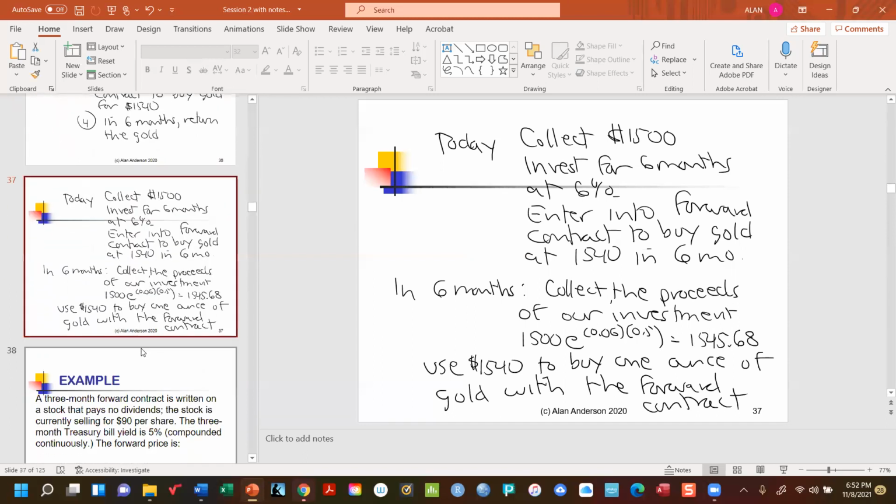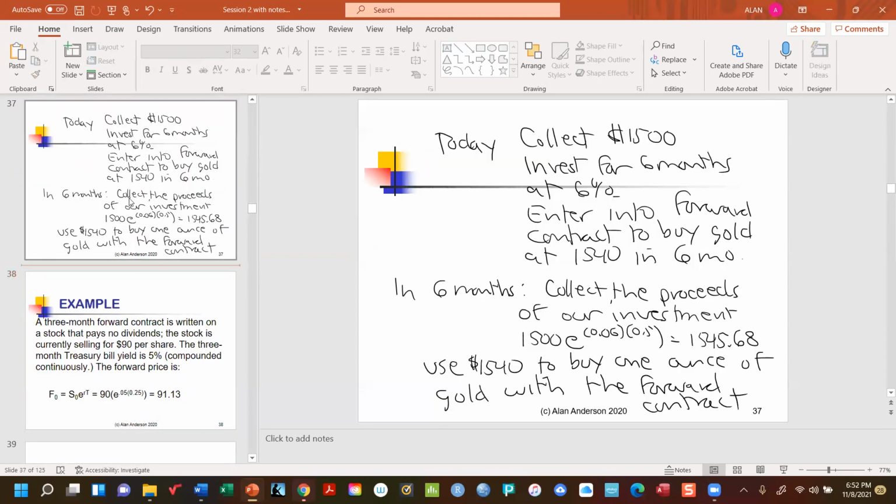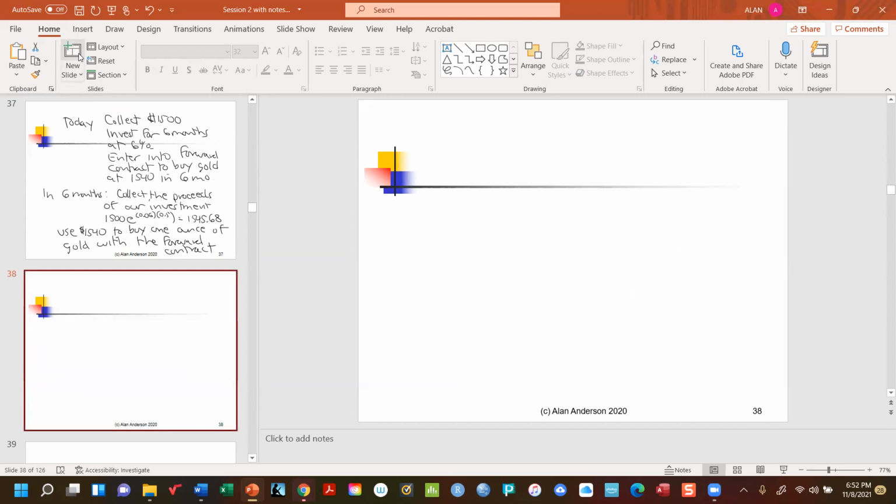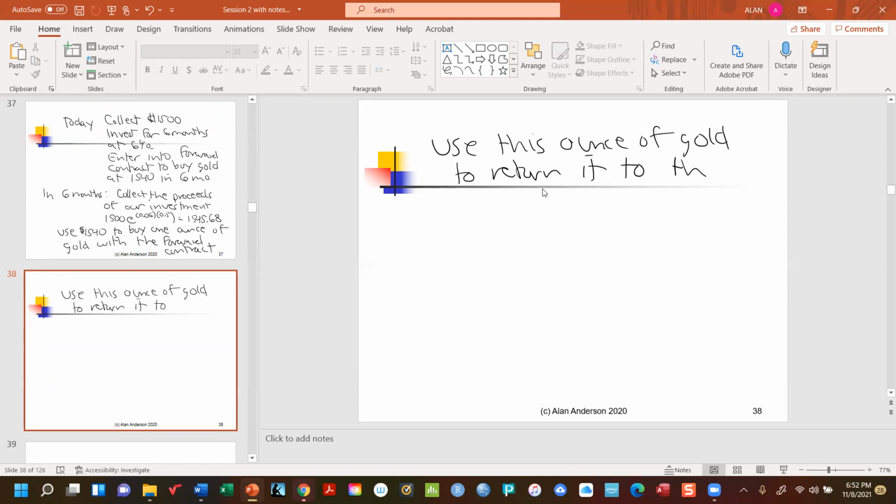And then what we have to do is use this ounce of gold to return it to the broker who allowed us to short sell it 6 months ago.